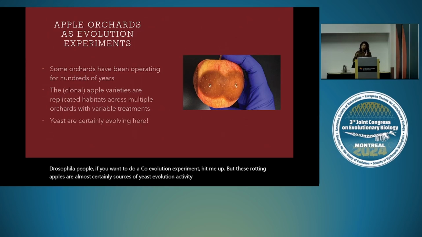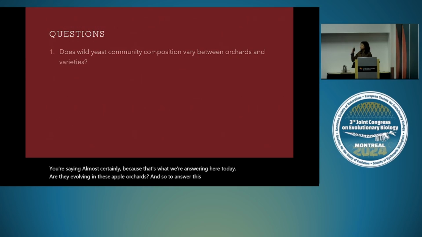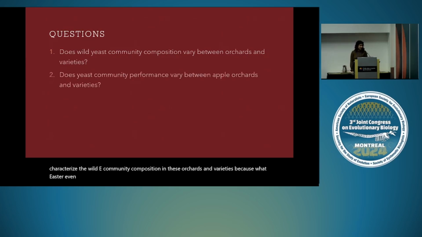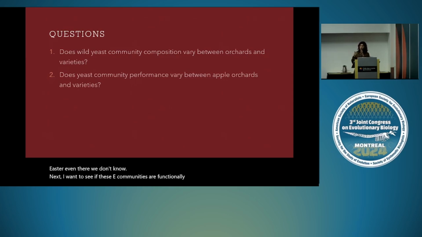And we are saying almost certainly because that's what we're answering here today. Are they evolving in these apple orchards? And so to answer this question, first I'm going to characterize the wild yeast community composition in these orchards and varieties, because what yeast are even there? We don't know. Next, I want to see if these yeast communities are functionally different by characterizing their performance in apples.